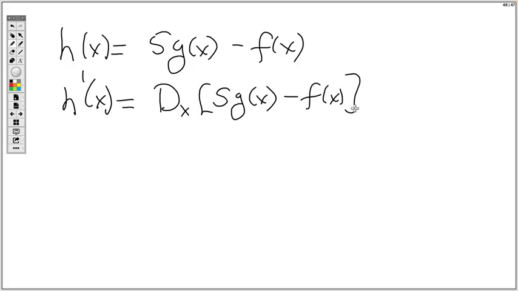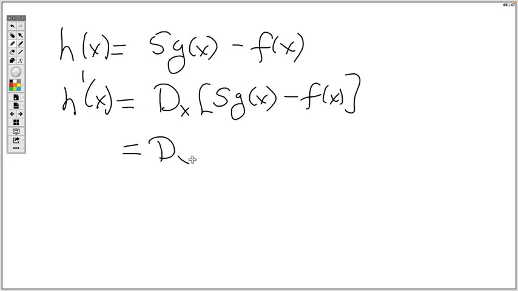So we can apply the rules just like we did before. We don't know what f and g are, but it doesn't matter. If you were to plug a value into this expression, you'd figure out your g of x and multiply it by 5. You'd figure out your f of x, and the last thing you would do is what? Subtract.